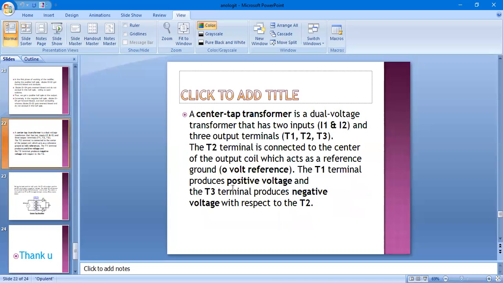A center tap transformer is a dual voltage transformer that has two input and three output terminals. It is connected to the center of the output coil, which acts as a reference ground. The T1 terminal produces positive voltage and the T3 terminal produces negative voltage with respect to T2.